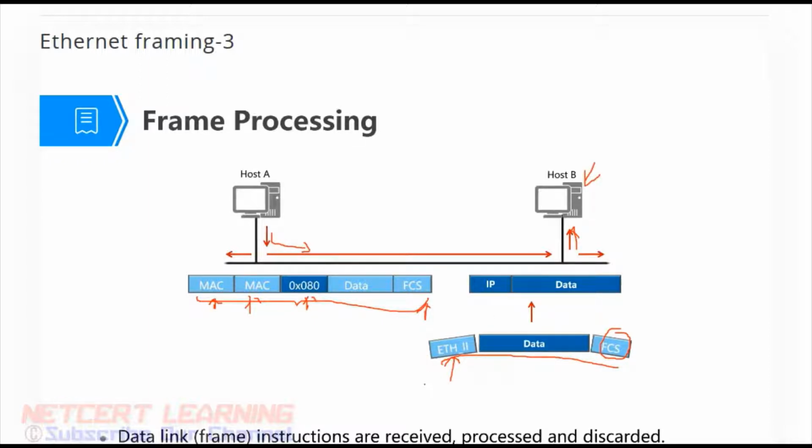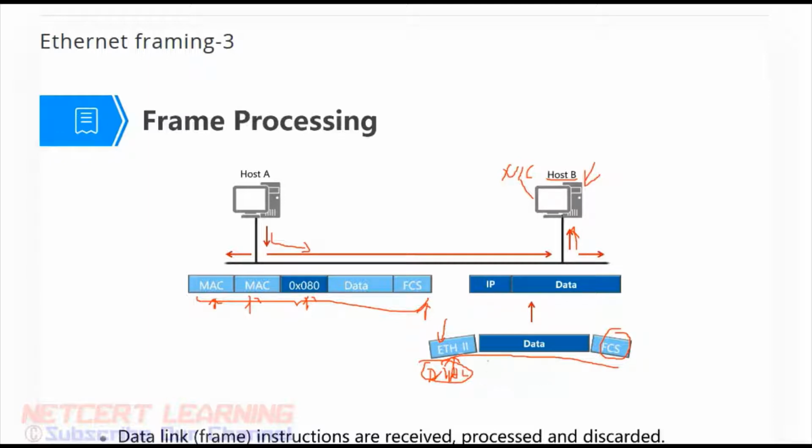It uses the destination MAC in the Ether frame and compares it with the MAC address bound in its own NIC. If it's the same, the destination of this frame is host B. If it's not the same, the frame is dropped.